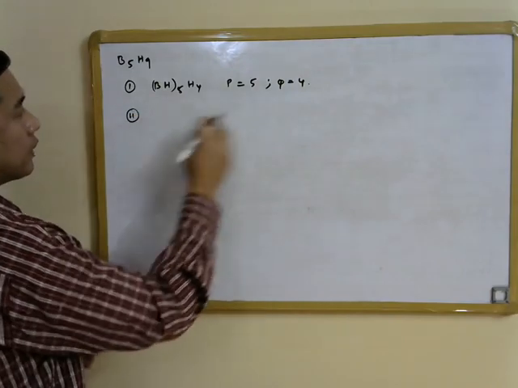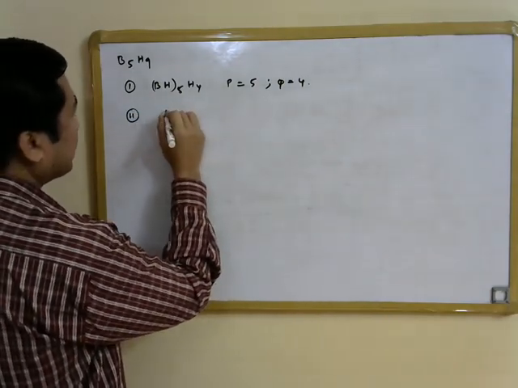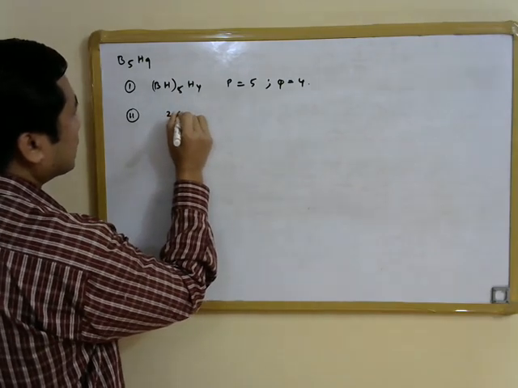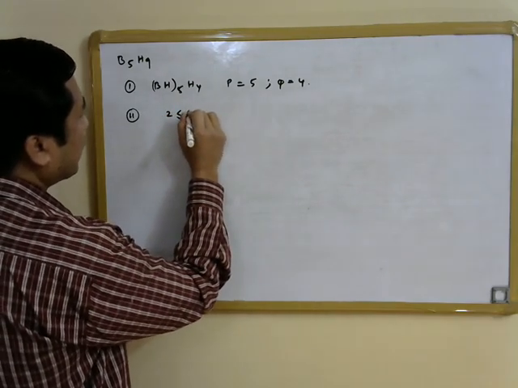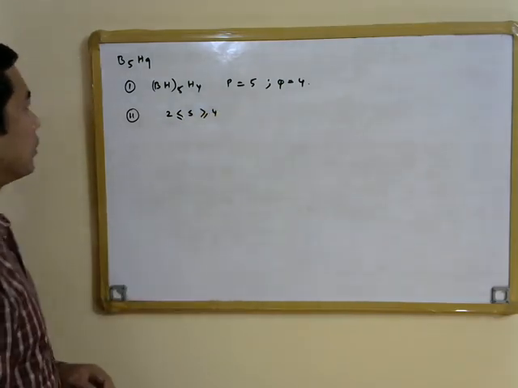So we can again find out the probable values of S from here. So S must be greater than or equal to 2 and smaller than or equal to 4.